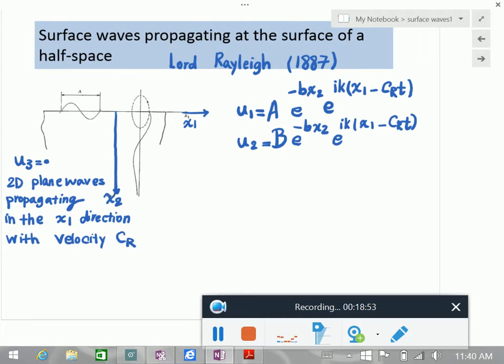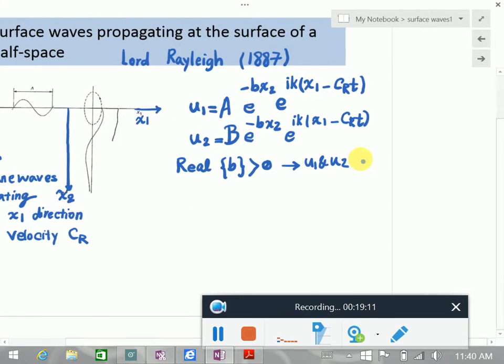B has to be positive, right? Otherwise, it's not going to happen. So, more generally, the real part of B has to be positive, so that U1 and U2 decrease with depth. And for now, we have assumed that U3 is 0, so we don't have to deal with this.